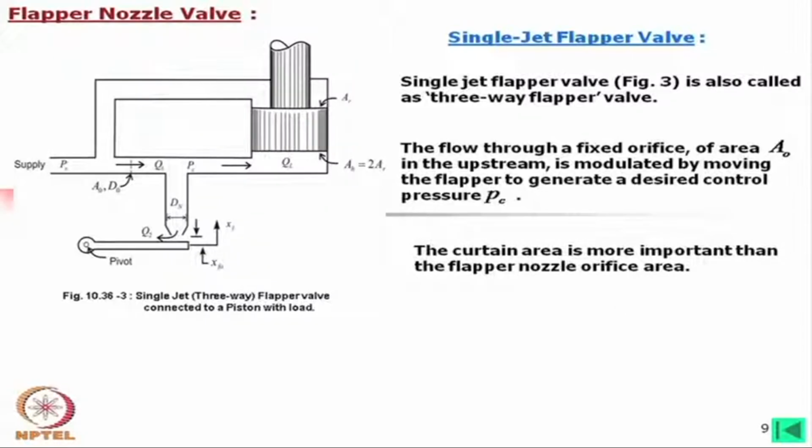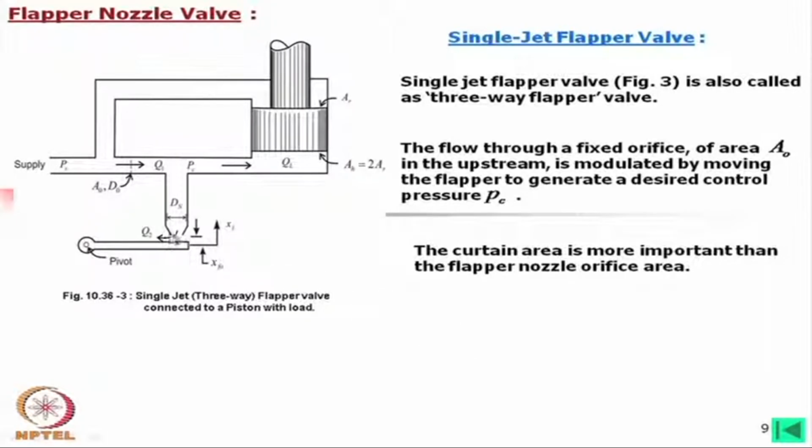The curtain area is more important than the flapper nozzle orifice area. What is called the curtain area? This is the nozzle area, and the area which is closing this end is called the curtain area. So, one is called the curtain area and another is simply the orifice area.